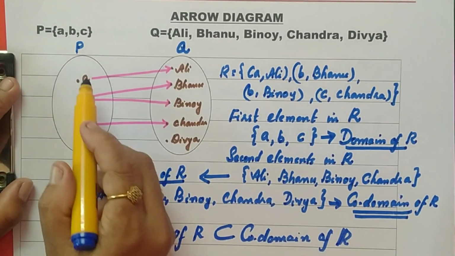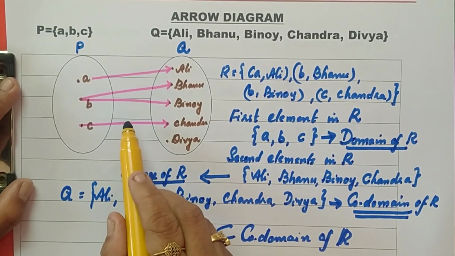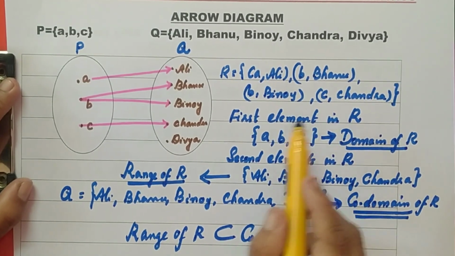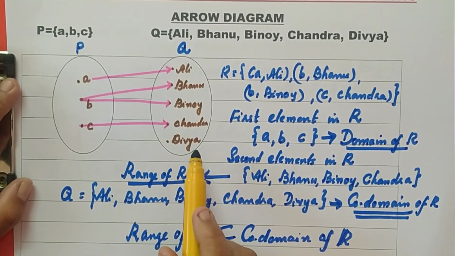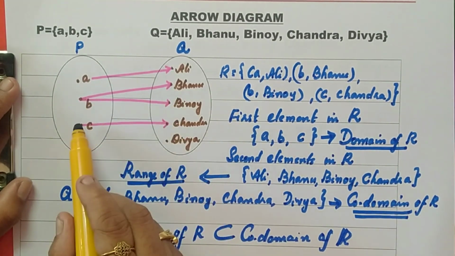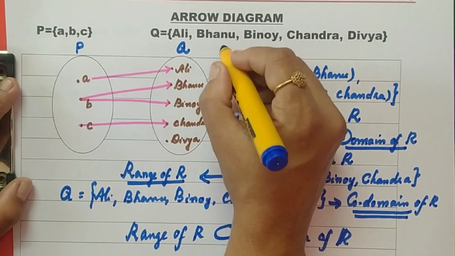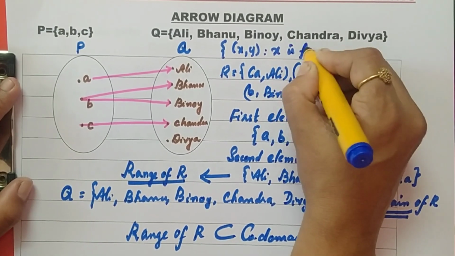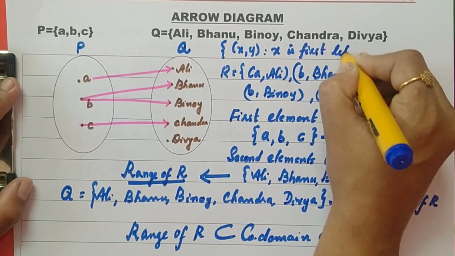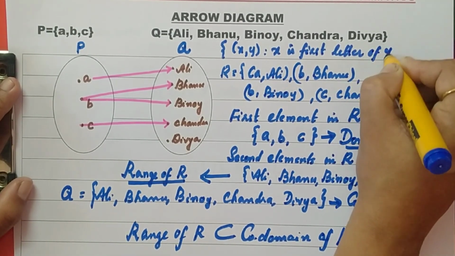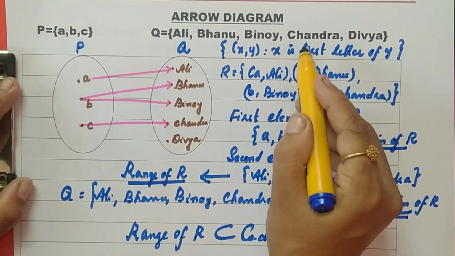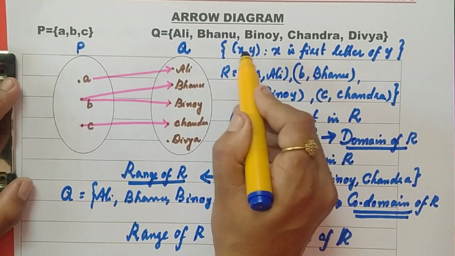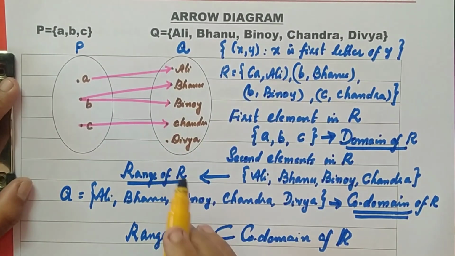Once again, what is a relation? A relation is a subset of the Cartesian product A cross B. A relation is derived from the Cartesian product by describing a relationship. Here the relationship is the set of all x, y such that x is the first letter of y. This is the relation. So, a relation is obtained or derived by describing a relationship between the first and second elements in a Cartesian product.